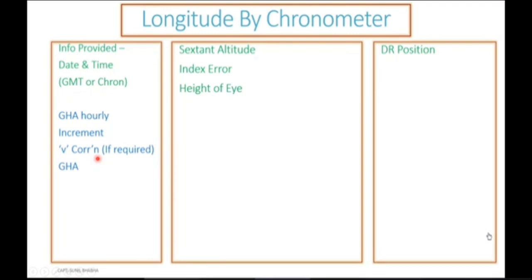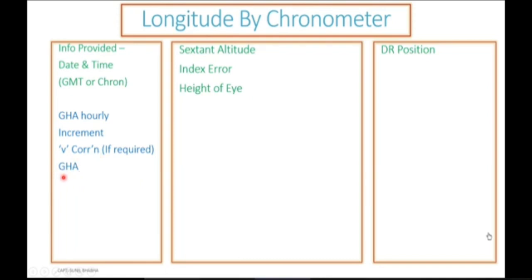For all other bodies, the planets Mars, Jupiter, and Saturn, as well as the moon, the V correction is always positive. So increment is always added and V correction is applied as per the sign. And once you do that, you will get the accurate GHA of the body.